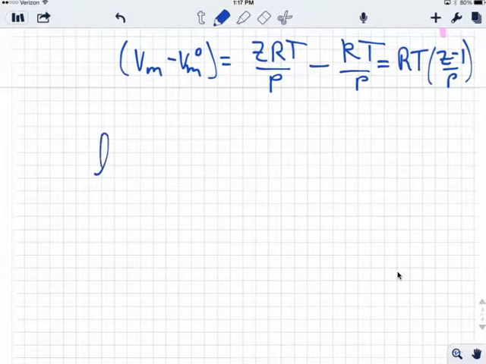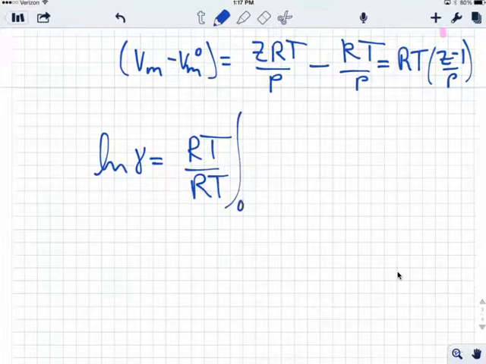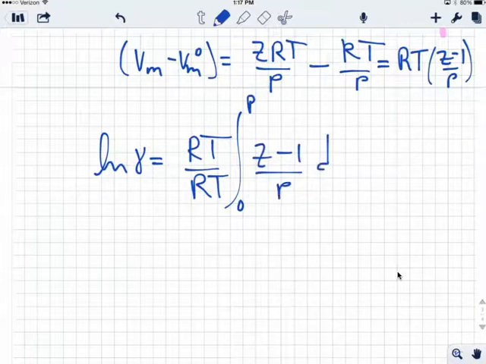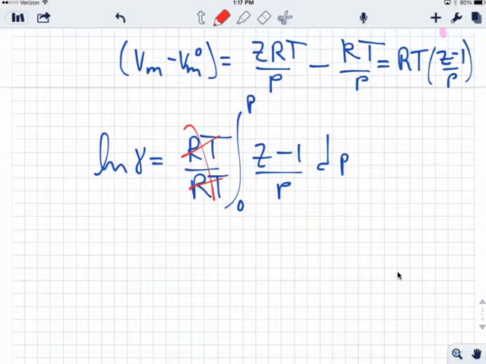So now we're going to have the natural log of the fugacity coefficient equaling RT over RT, because the RT term will go through the integral. You're going to have 0 to pressure, and then what's left inside the integral is Z minus 1 over pressure dP. So these cancel, this goes to 1.